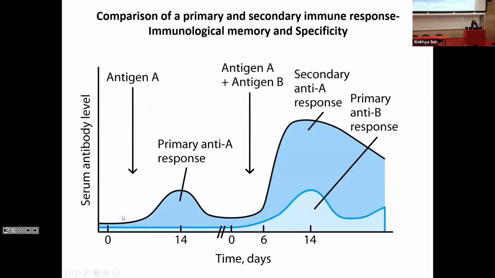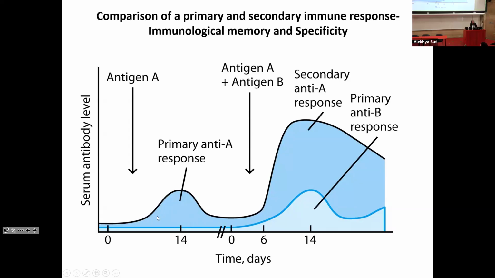So, for example, you're looking at antibody responses in an individual over time. This is by measuring serum antibody. Say you have immunized this individual with antigen A, or this person has an infection with antigen A. Initially, if you look at the titer of the antibody, there's very little antibody in the serum.